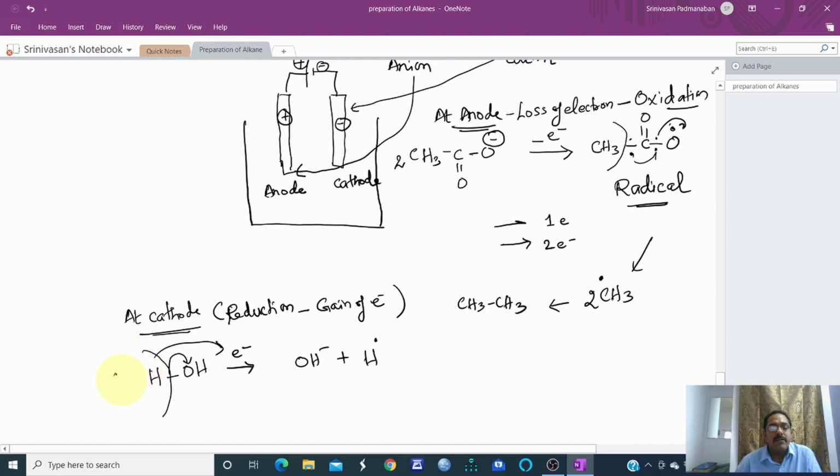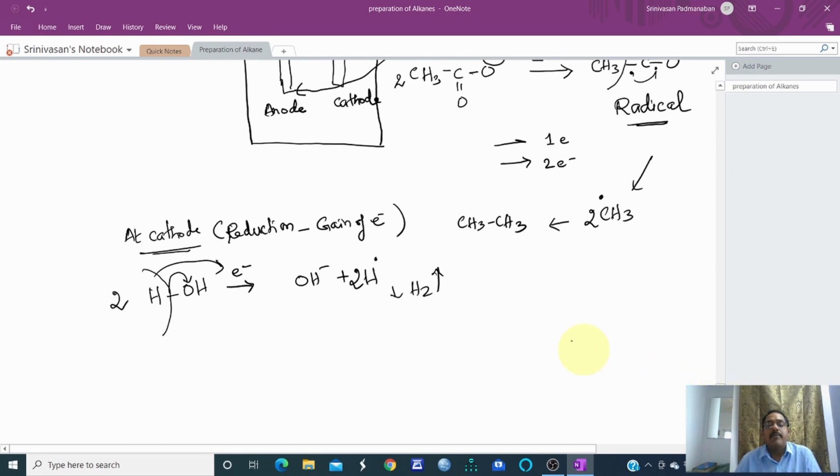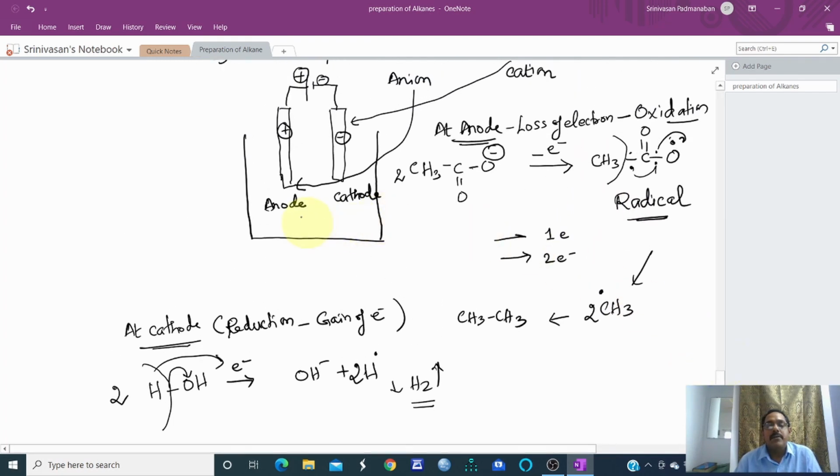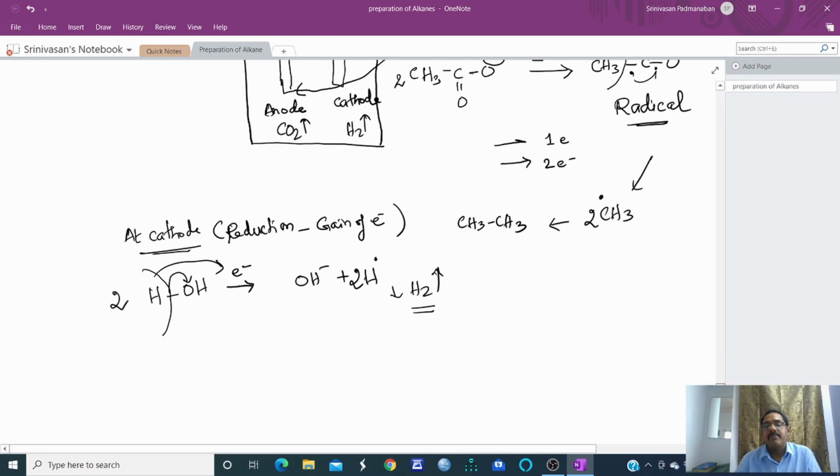If you take two water molecules, 2 H plus will be found, and that gives H2 as gas. So hydrogen will be evolved at cathode, and carbon dioxide will be evolved at anode. So this is the mechanism of the Kolbe's reaction.